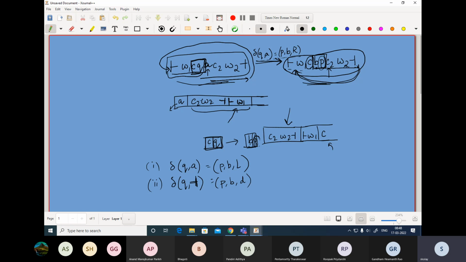When you hit the right hand marker, you come to the left hand marker and move rightwards till you hit the alphabet just before the alphabet being read by the tape head. The alphabet just before that, and the state is being remembered in my finite control just for ease of computation.